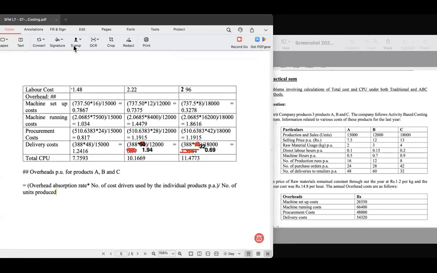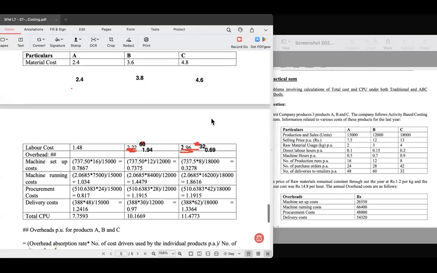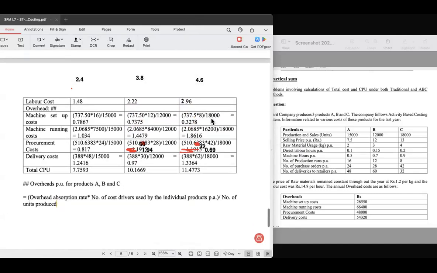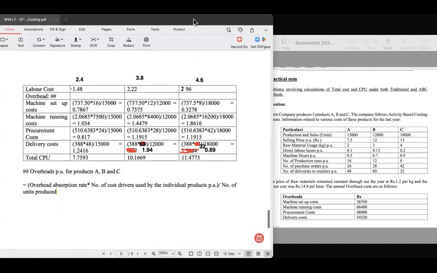So we have to take that also into consideration. Let me check. Oh, 3.6. Ah, okay.